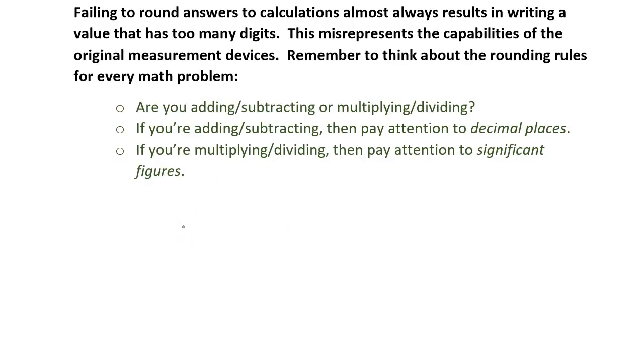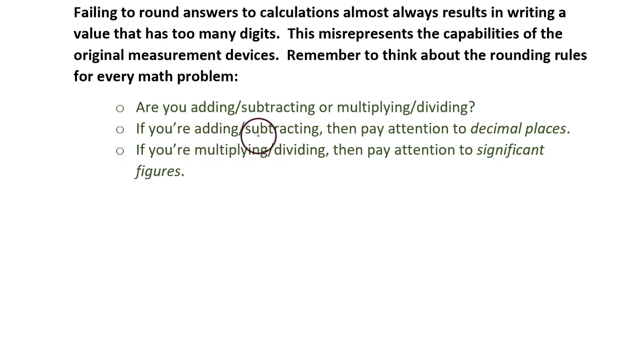Failing to round answers to calculations almost always results in writing a value that has too many digits. This misrepresents the capabilities of the original measurement devices. Remember to think about the rounding rules for every math problem. This is the process you need to go through in your head this year. Are you doing an adding or subtracting problem or a multiplying and dividing problem?